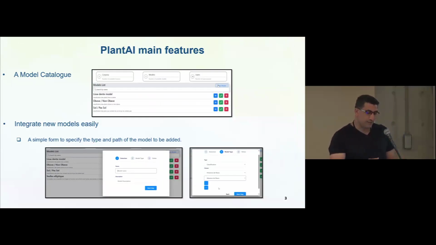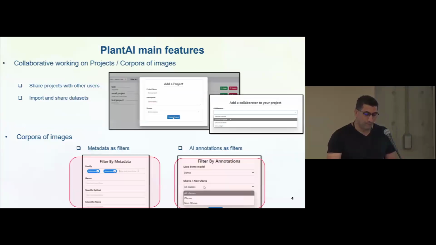The first one is a model catalog in which we deploy the models that we are developing. It is easy to deploy a new model, as we just have to follow a sample form to specify the type and the path of the file containing the model.